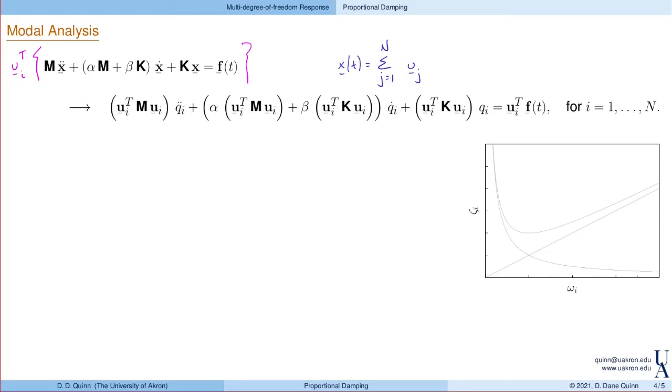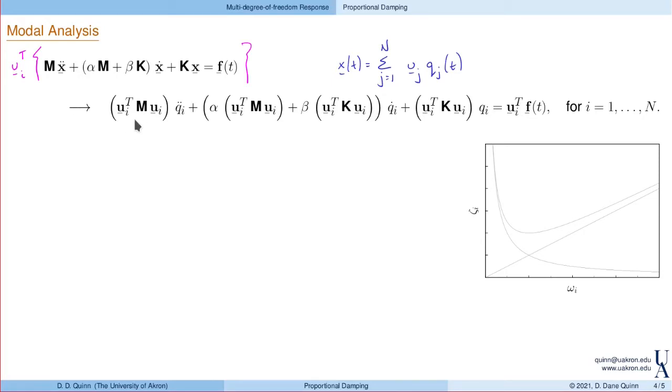So we would write that as uj, the eigenvector, times some modal displacement, which we'll call q. So here I've written all that out just to save a little bit of time, right? So we have u transpose m times u. If you'll recall from modal analysis, if this vector and this vector are different, then this quantity would be equal to 0.